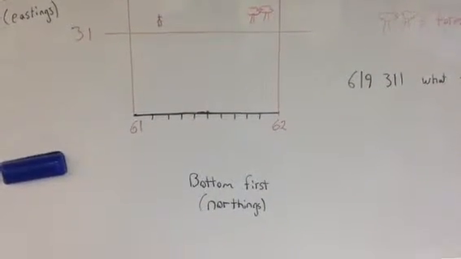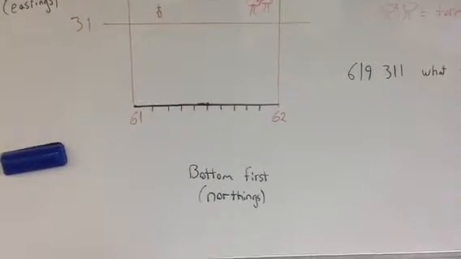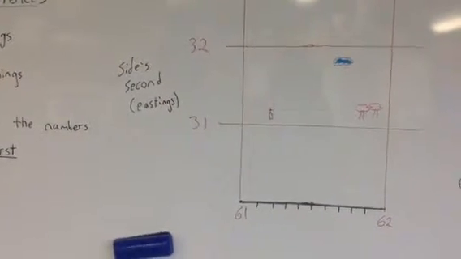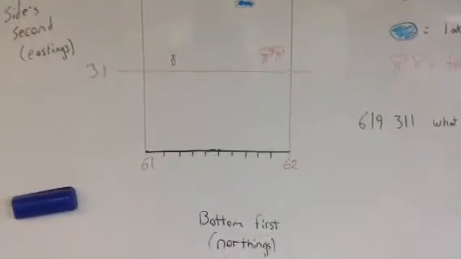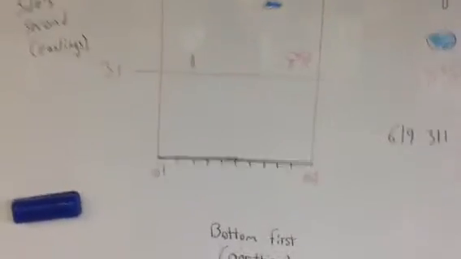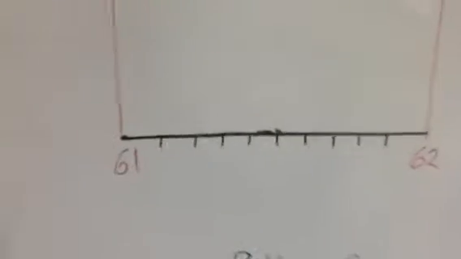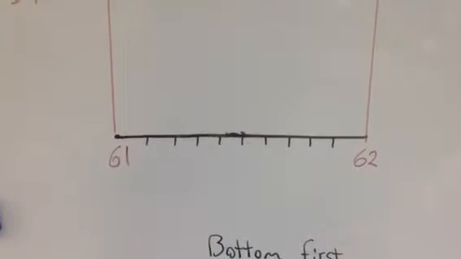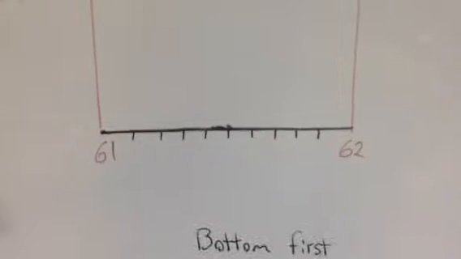First things first, you read the bottom first, which is our northings, and then you read up the side second, which is our eastings. What you need to remember, and I'm going to zoom in here, is that each black dot or line represents a decimal point. We're counting from 61 up to 62.